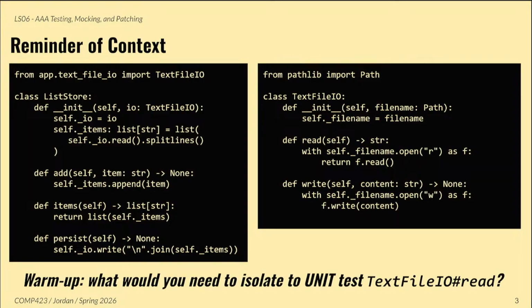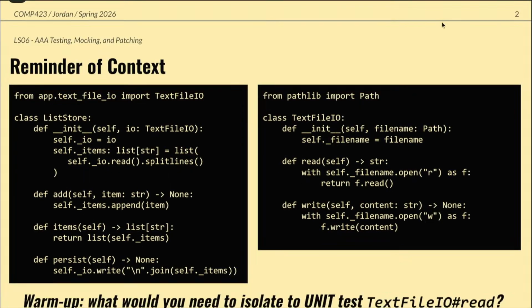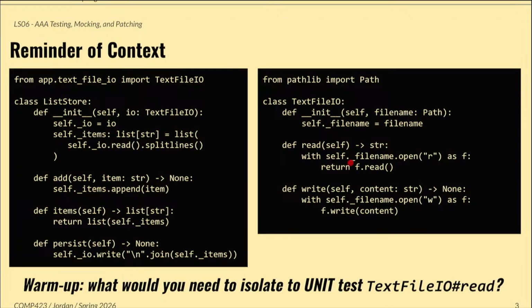And there we go. We see in that with block that we have, this file name, right? And so let me get a color that's visible. Right, so file name, when we set it up in our constructor, that's a path, right? And so path was something we imported from the Python standard library.